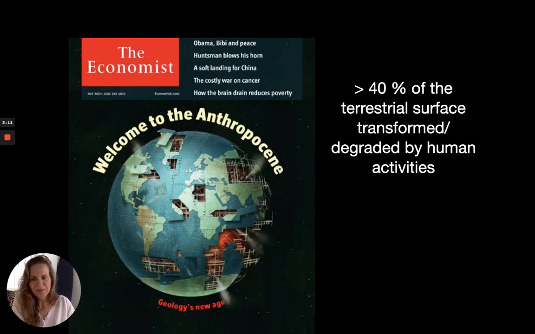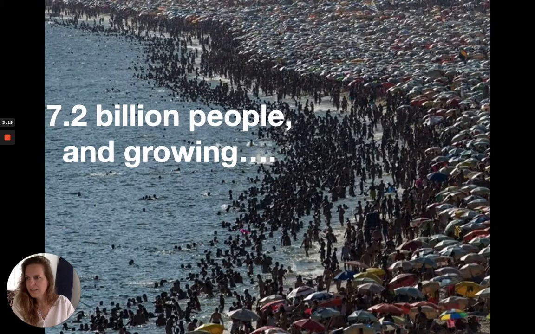So we are living on this planet in which almost half of the surface is already transformed by human activities, and that might get a bit worse if we still keep doing business as usual.